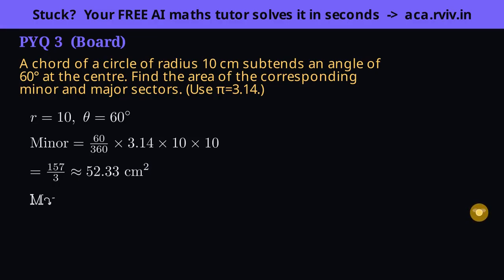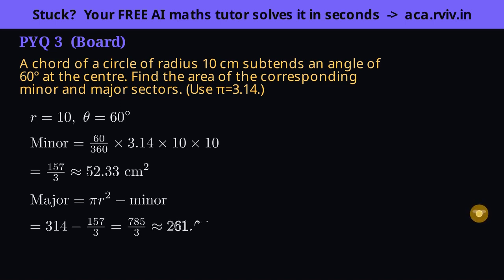For the major sector, don't touch its 300-degree angle, just take the whole circle and remove the minor sector we found. The whole circle is 3.14 times 100, that's 314. Subtract the 157 over 3 minor sector to get 785 over 3, about 261.67 square centimeters, the large slice.